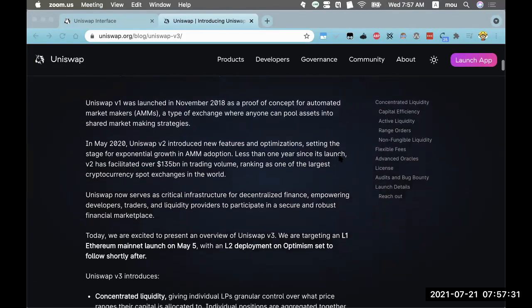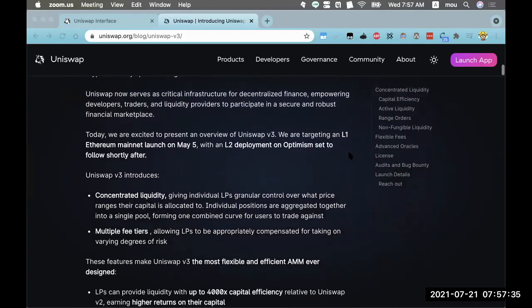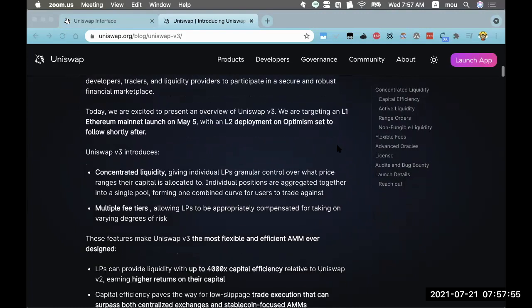It is fairly new, so it's understandable that quite a few of you, including myself, are not that familiar with this, as opposed to the more common one in other exchanges where you cover the whole range, which is what Uniswap V2 was doing.